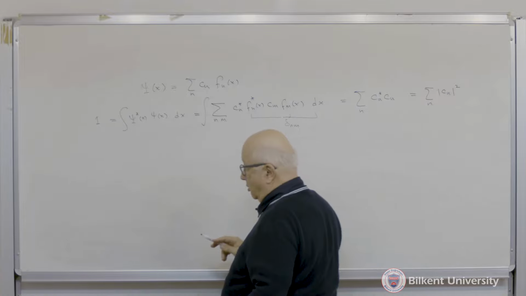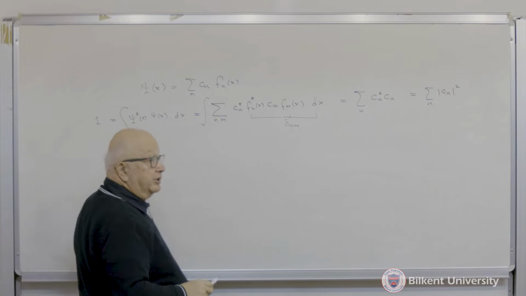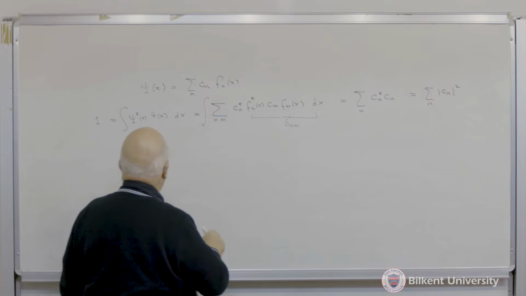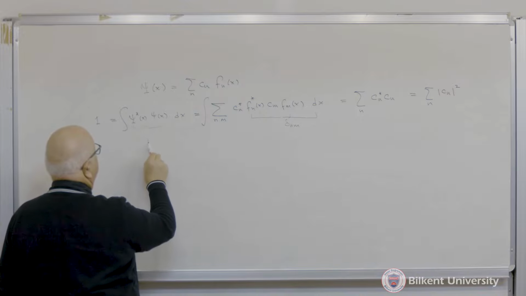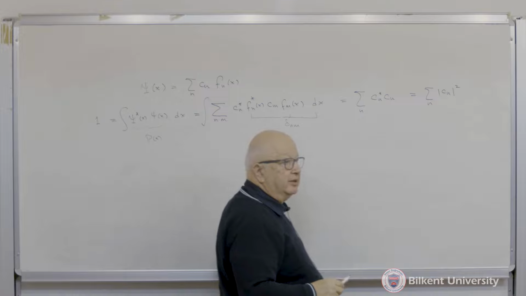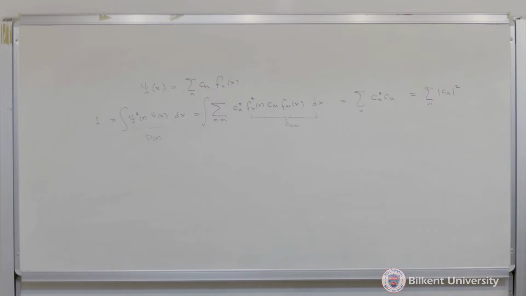Okay, so remember why we are normalizing this. We are interpreting this psi as a probability density in terms of the variable x, so that if I integrate it over all space, I have to get 1.